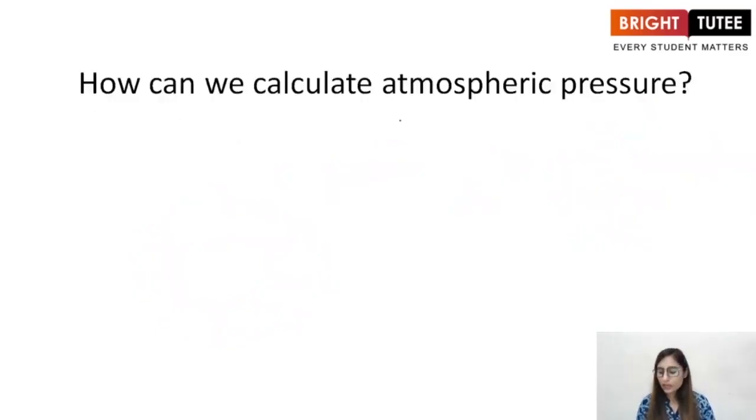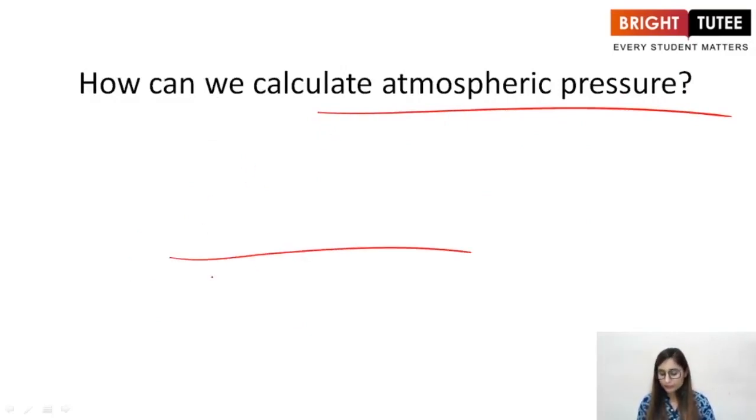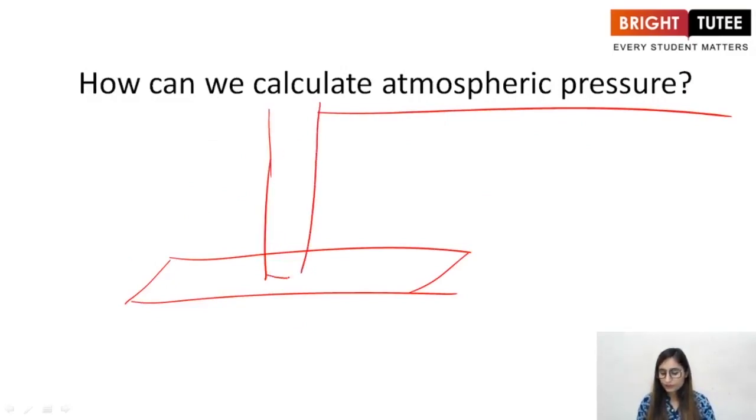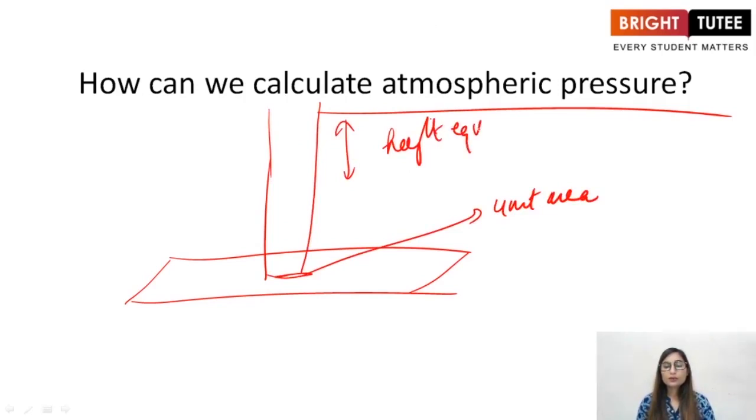Now, how can we calculate atmospheric pressure? As we discussed, we have to take a unit area and we have to fix a tube, right? This is the unit area, and this cylindrical tube has height equal to the atmosphere.